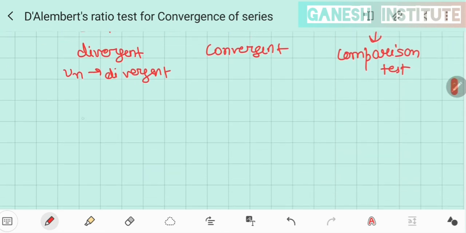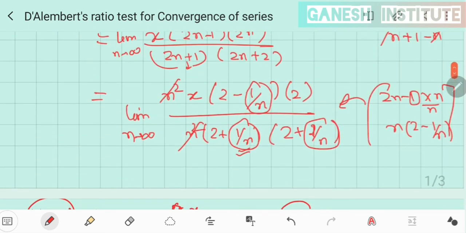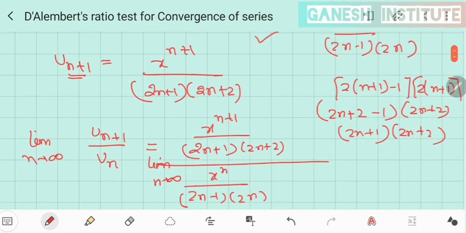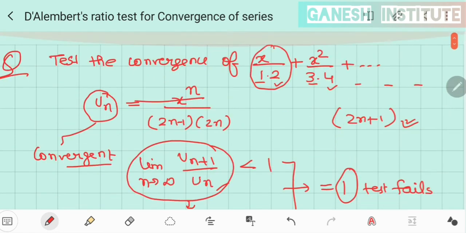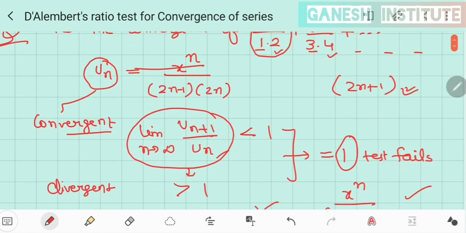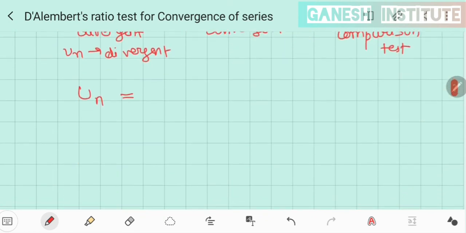So as you know, for comparison test we need to find out firstly un, the general term, which is here, x raised to power n by 2n minus 1 2n, right?